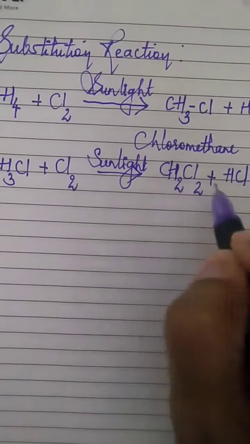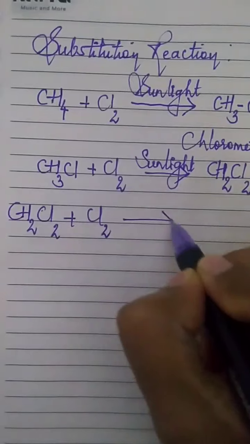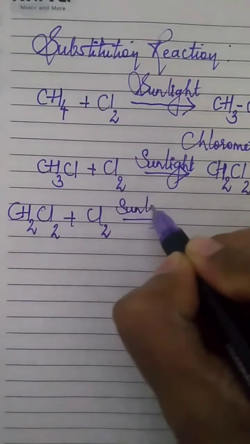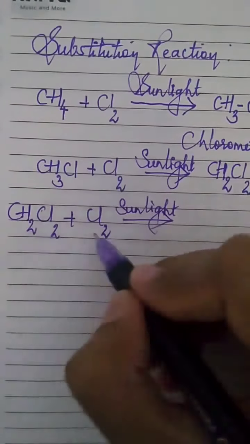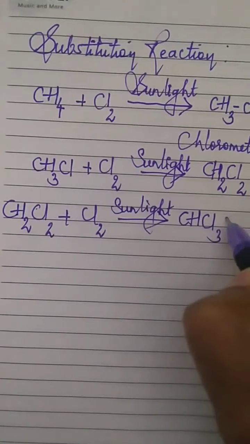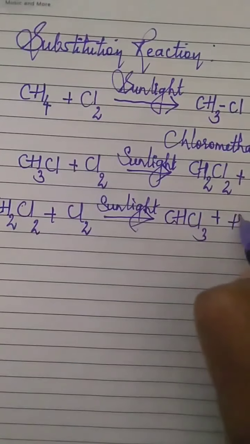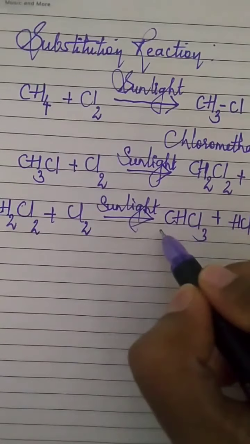CH2Cl2, again it will react with chlorine in the presence of sunlight. एक और हाइड्रोजन का जगह ले लेगा क्लोरीन, so you get CHCl3 plus HCl. Trichloromethane.